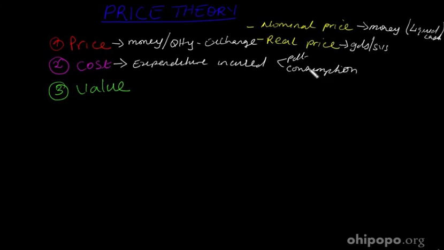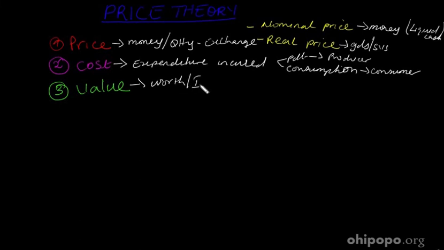That means that when we talk of consumption, it goes to the cost that consumers will incur, and when we talk of production, it goes to the cost that producers will incur. And economics is based on what? The cost of production.